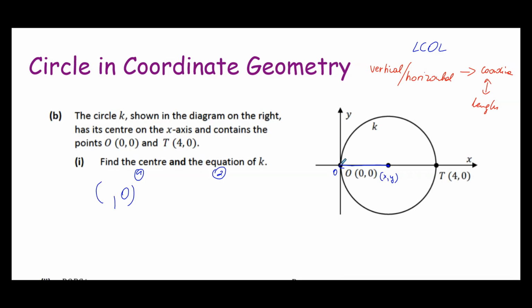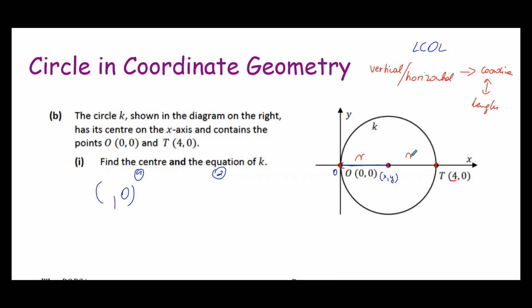So we know that from 0 here to T here, I have 4 units. As well, what I know about the circle is that from the edge to the center, I have a radius, and then again from the center to the edge, I have a radius. So the length of 4 units is 2 radiuses.